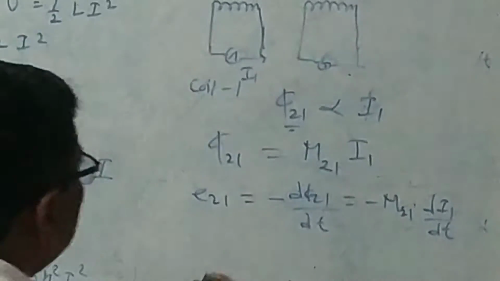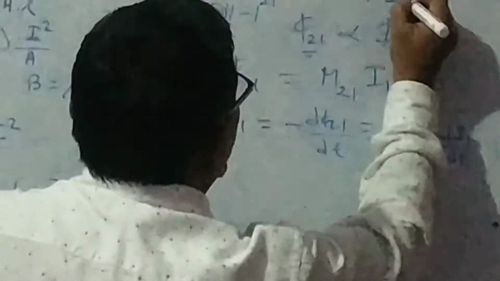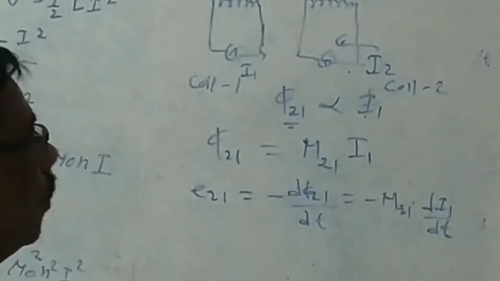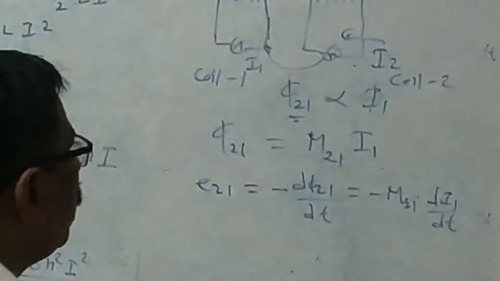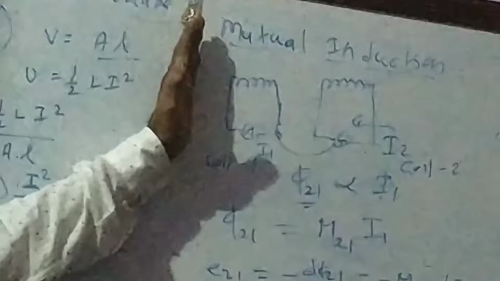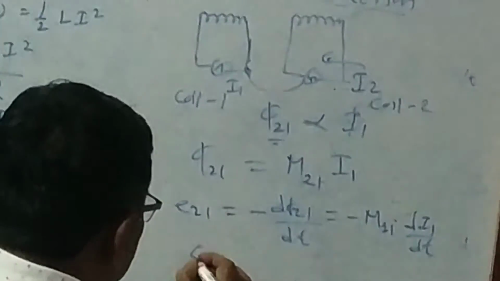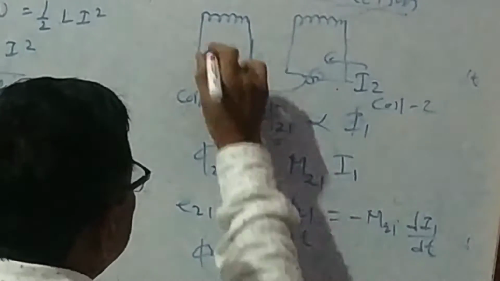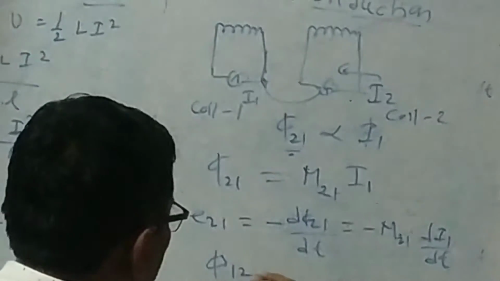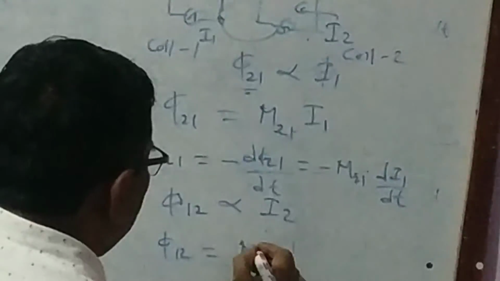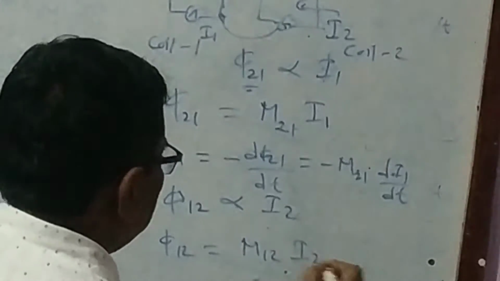Now if I2 is the current flowing in coil 2, it induces an EMF in coil 1, and that phenomenon is also called mutual inductance. The magnetic flux linked with the first coil, phi12, is proportional to I2, so phi12 is equal to M12 into I2.